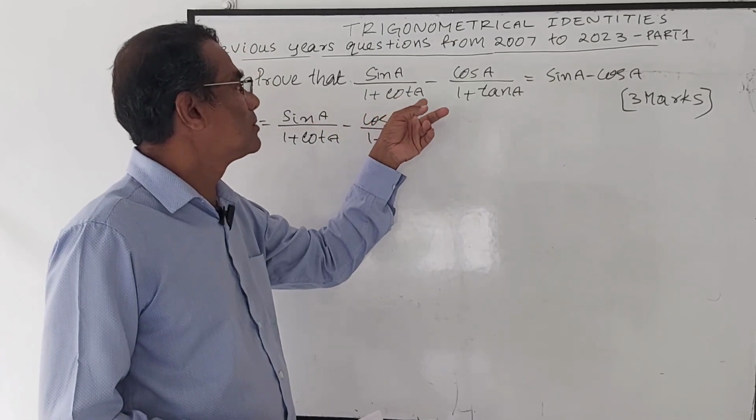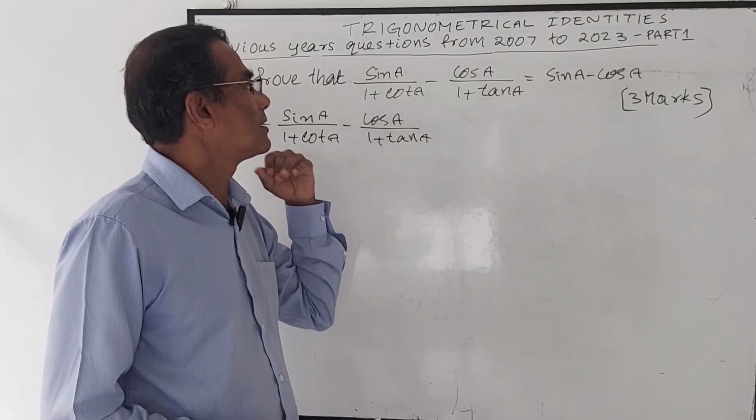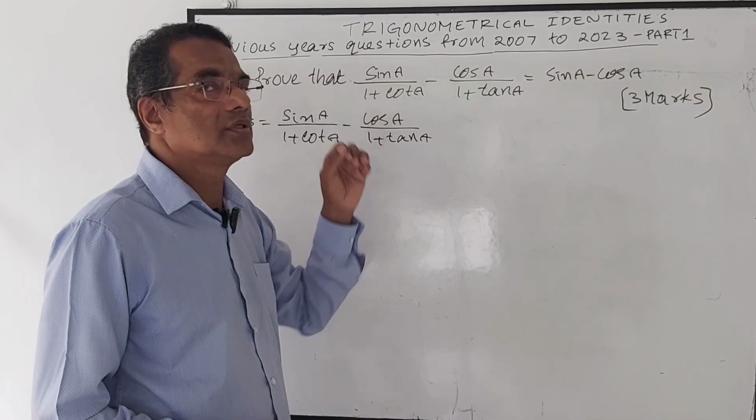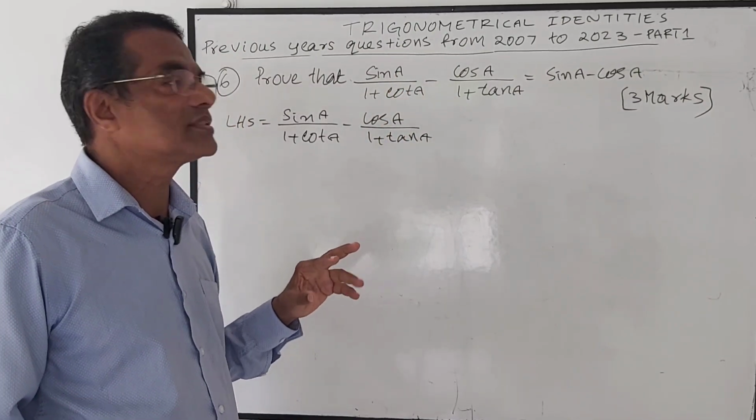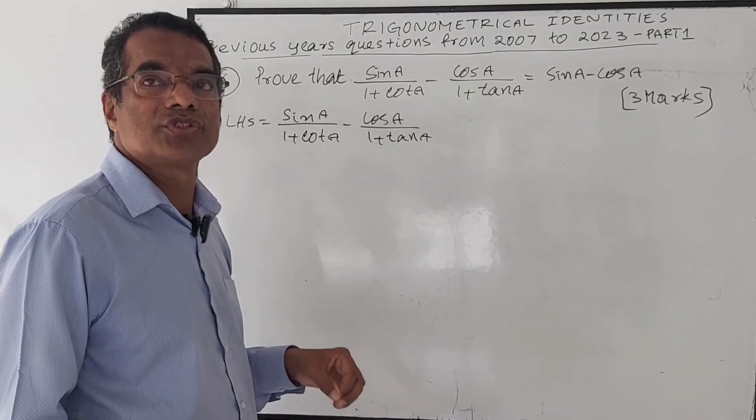So here we have the cot and tan apart from sin and cos. So let us convert this cot and tan into sin and cos.